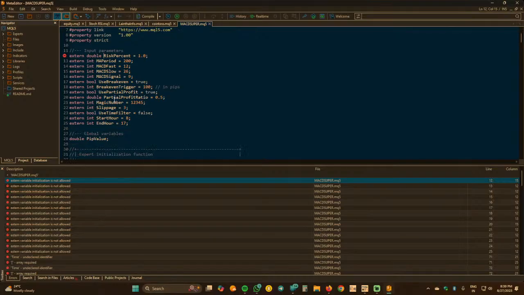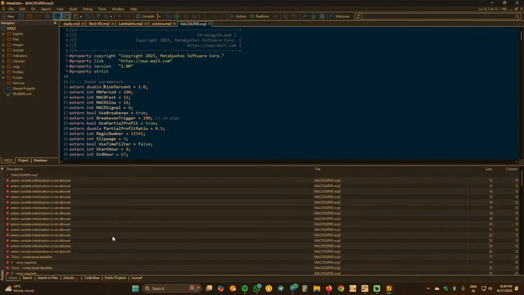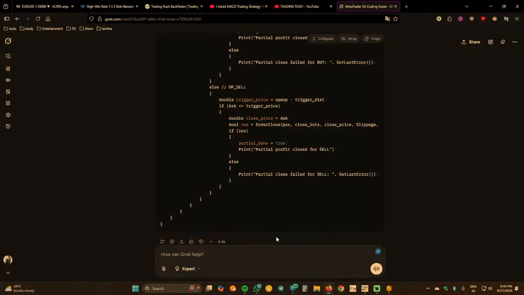Extend. Why is this? Extend variable initialization is not allowed. Why is that not allowed? I mean, there are several.